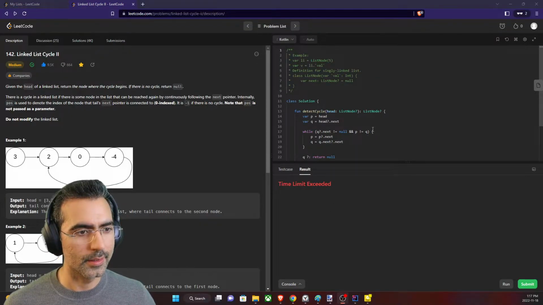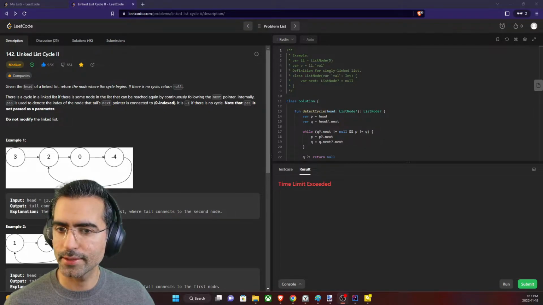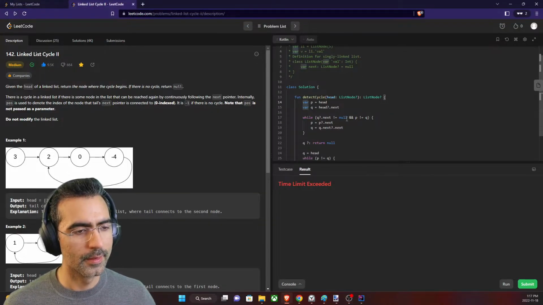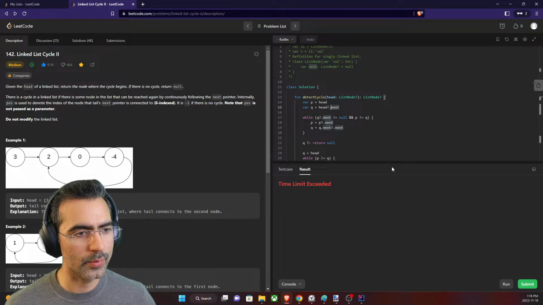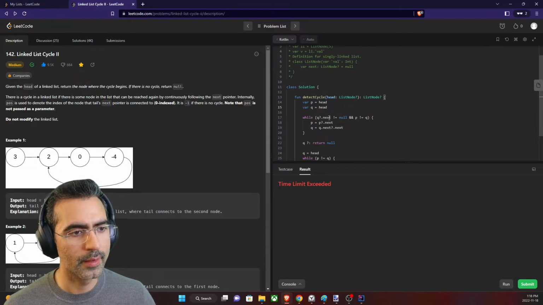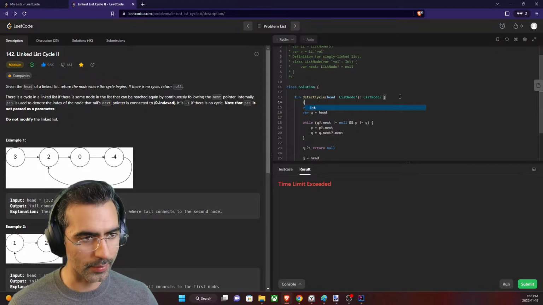All right. So let's check this out. Let's see what has happened here. So we're starting from P and Q. First of all, we want to make sure that we start from the same node, and to make sure that these two not being equal at the first round wouldn't make this loop break, I'm gonna modify this code.